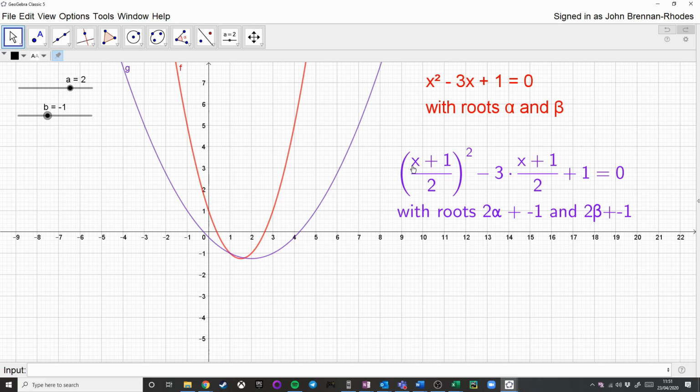And note, it's not 2x minus 1 in here. Instead, I've done this because remember, the transformation, when you're substituting, does the opposite. So just to show again, if you had the red one, the original quadratic, to get the new quadratic, you'd have to substitute x plus 1 over 2, which is the inverse.